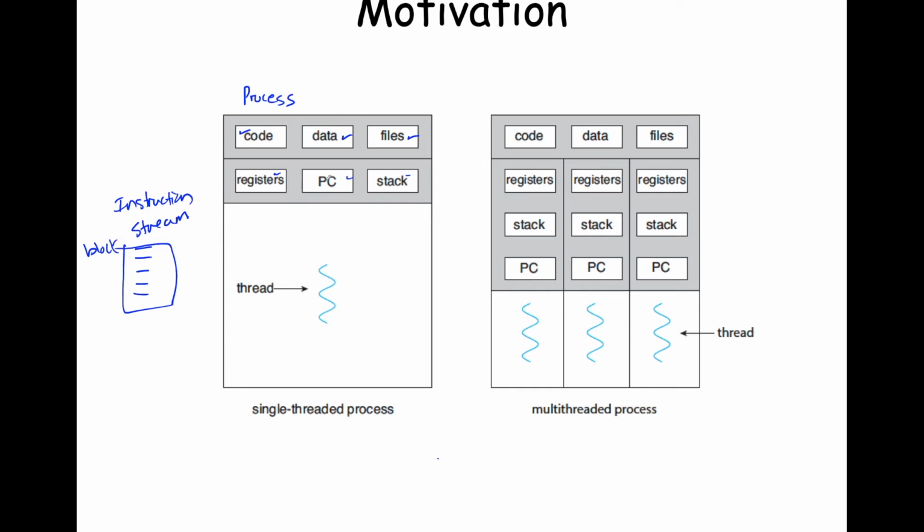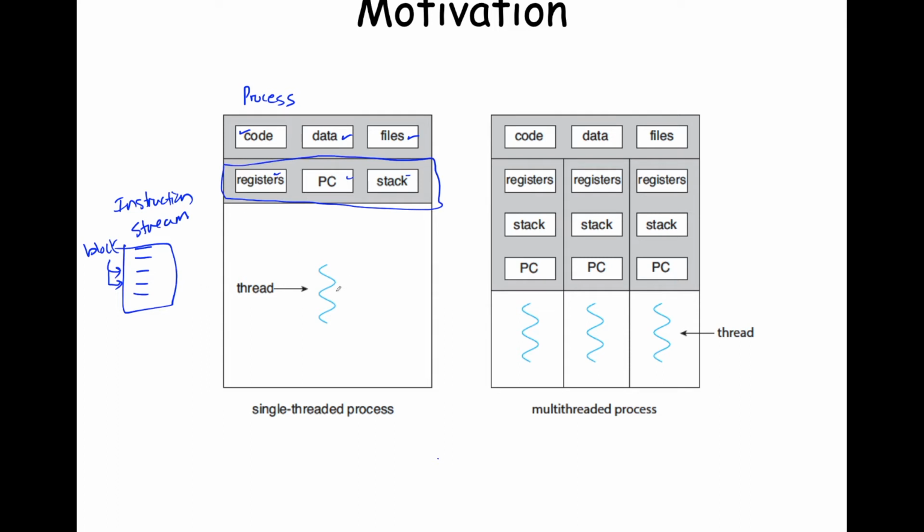And so, of course, you need the program counter to know which address you're going to go to next to fetch the next instruction. You need the registers to store the temporary values for the execution of your instruction stream. And you also need the stack for the automatic storage, things like your parameters to functions, your return values, your local variables. And so each one of these three quantities is associated with the execution of an instruction stream.